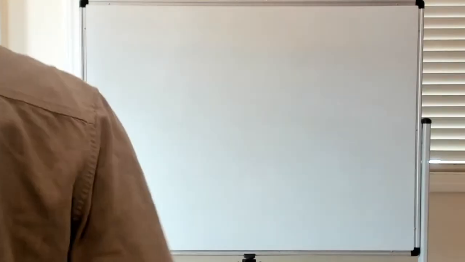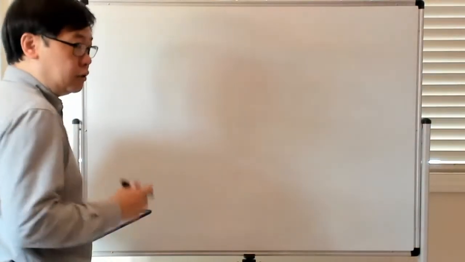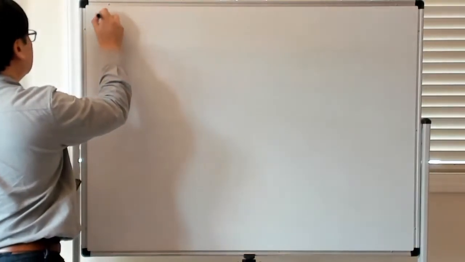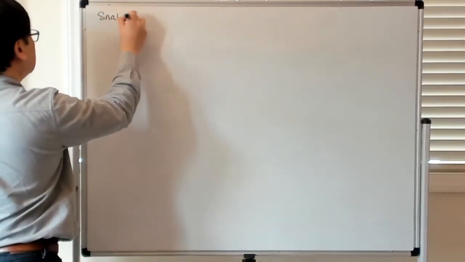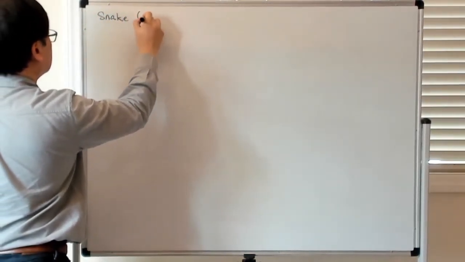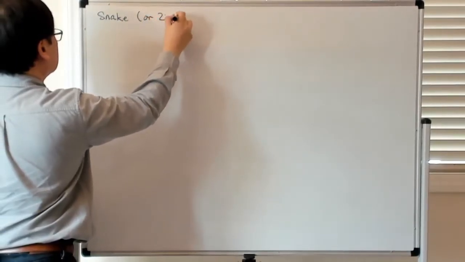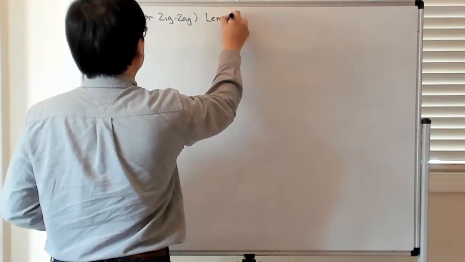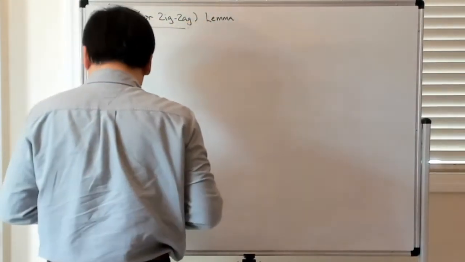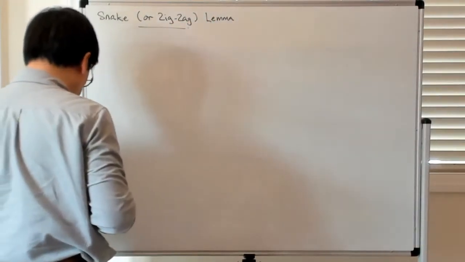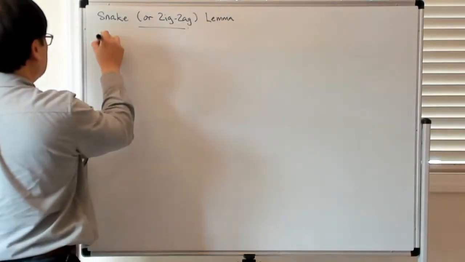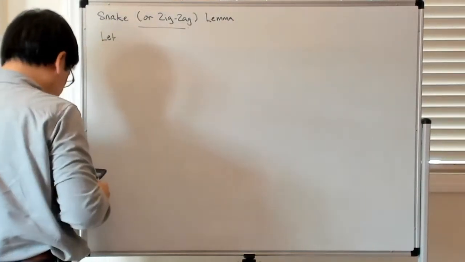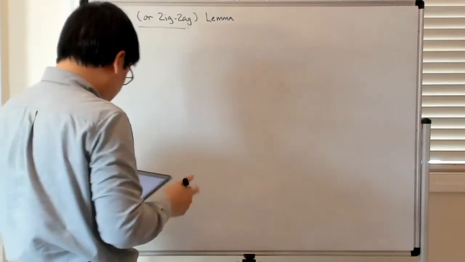All right, so now let's talk about what is called the snake or zigzag lemma. Okay. So let's have a short exact sequence of chain complexes now.